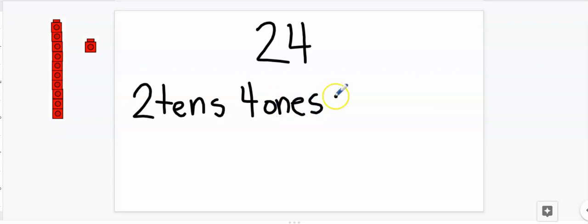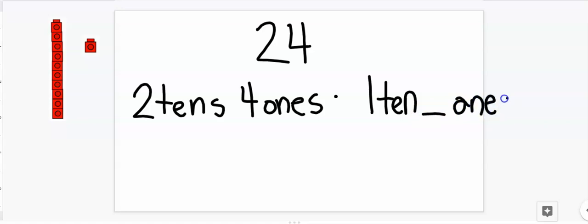And then what if we have only 1 10? How many ones would we have? How many? And then how do we know that? That's right. We would have 14 ones.